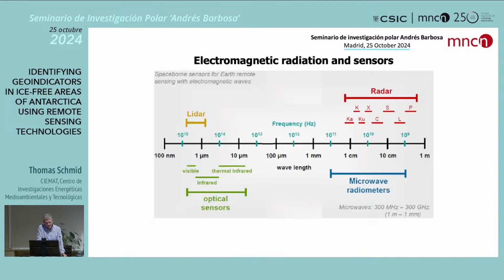So here, just to remind ourselves, the different parts of the electromagnetic radiation. We have a visible part, we have the infrared, thermal infrared for optical sensors. We have the microwave radiometers, the radar with its different bands. These are the sensors we normally use.